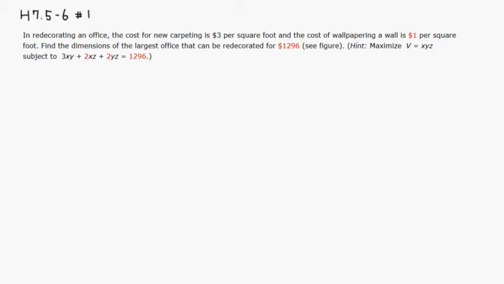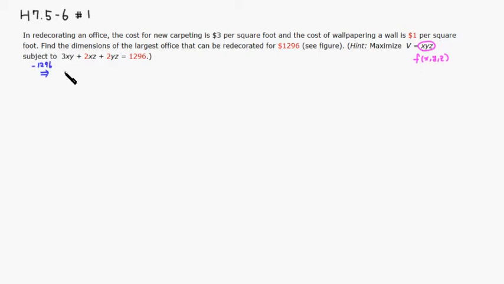Alright, so we have f of x, so this is going to be our f of x comma y comma z, right? Then we need to rewrite this equation, so I'm going to just subtract 1296.